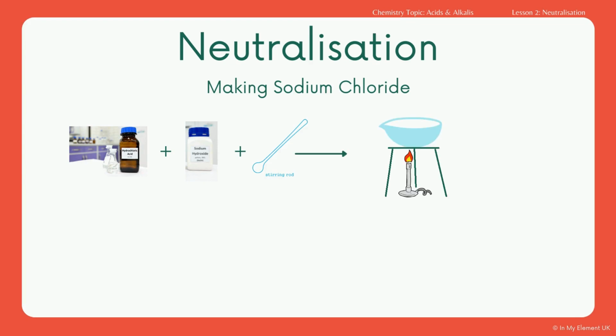Then you will pour that solution into an evaporating basin, and you will gently heat that with a Bunsen burner. Okay, so the evaporating basin is a thin ceramic basin. You will heat that. What you are then left with is a salt. Now, it will look like salt. It will look a little bit like the table salt that you use, because sodium chloride is salt.